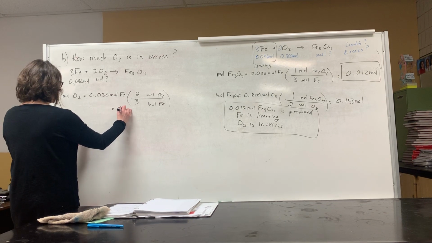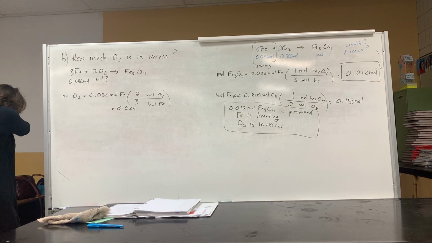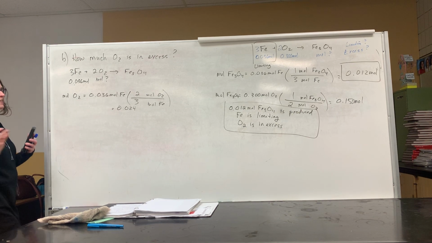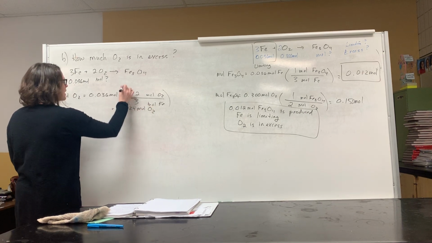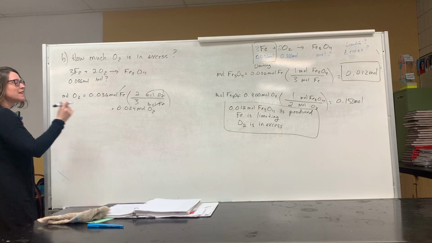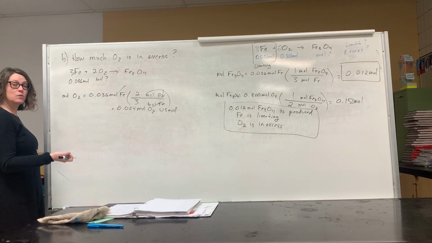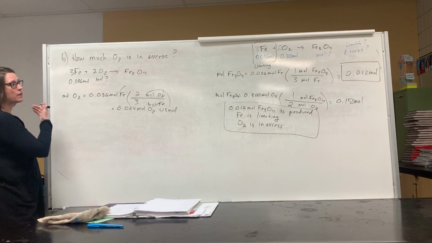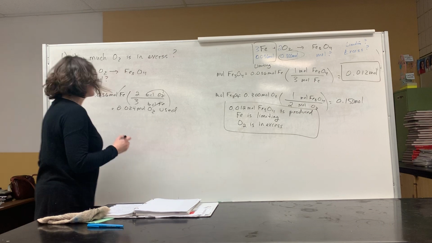And so you get 0.024 moles of O2. Excuse me, I have allergies, I'm not sick. Now, that is how many moles of O2 we used. How many moles of O2 did we start with though? We started with 0.300.